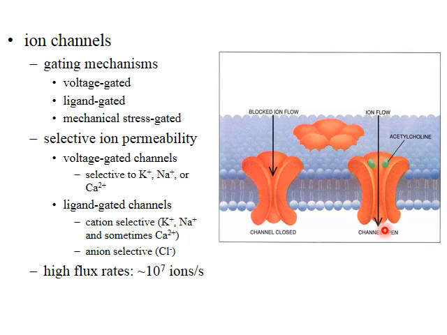So this is a very efficient way of moving ions between the outside and the inside of the cell, simply to gate these ion channels from a closed state to an open state.